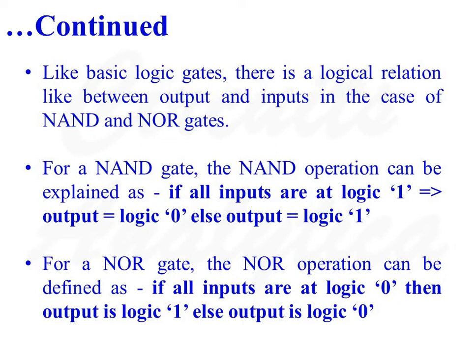For a NAND gate, the NAND operation can be explained as: if all inputs are at logic 1, then output is equal to logic 0, else output is equal to logic 1. For a NOR gate, the NOR operation can be defined as: if all inputs are at logic 0, then output is logic 1, else output is logic 0.